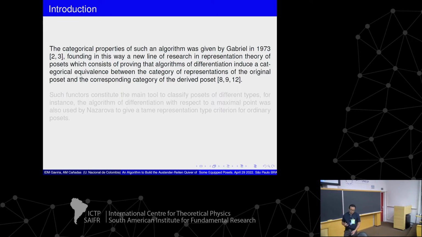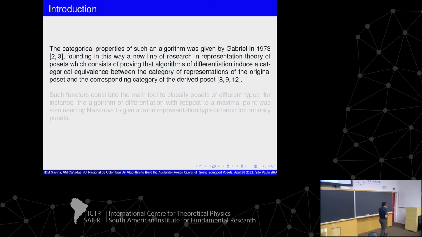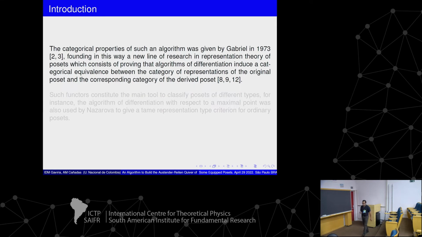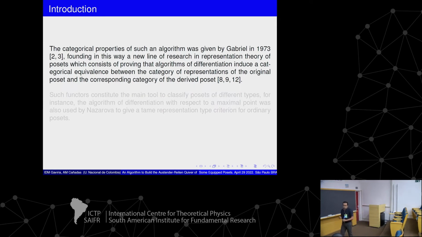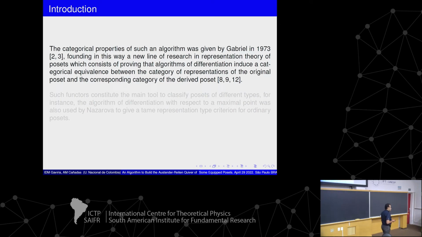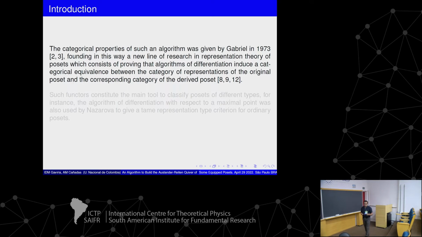One year later, Gabriel proved that this algorithm established one equivalence between 2 suitable categories, the representations of the original poset and the representations of the derived poset. And we need to take one suitable quotient of categories.